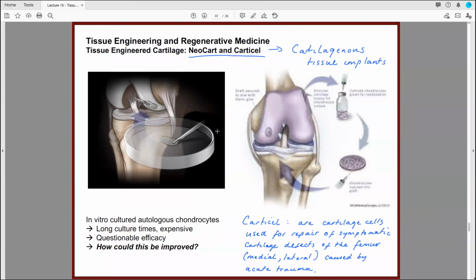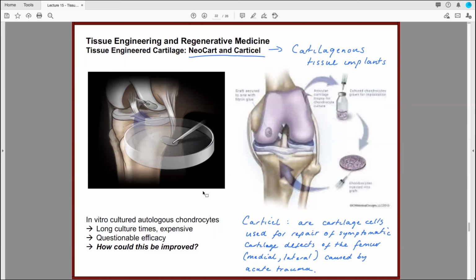That's medial and lateral defects caused by acute trauma. In vivo, they culture those autologous chondrocytes. They have long culture times that are expensive, and they have questionable efficacy.